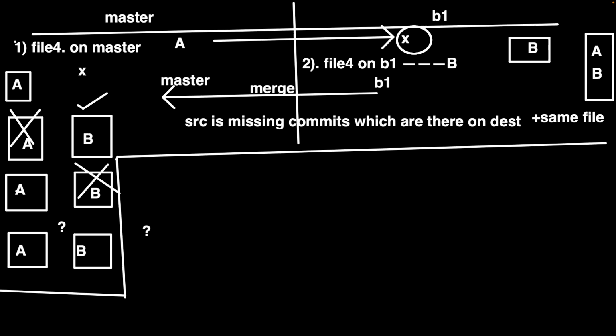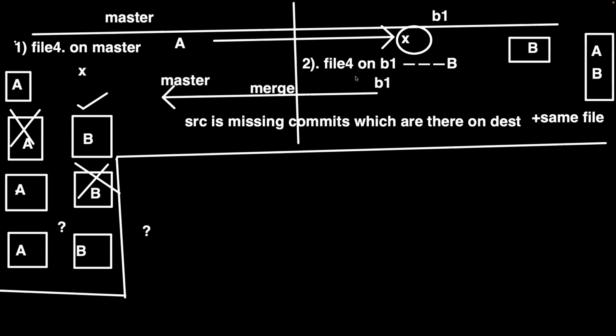You mean if B1 is missing some commits which are there in the master, while merging? Yes, on that same file. The file name is the first reason. The second reason is that this should also be there. If it is simply the file name, you will not get a conflict. It is the file name plus the source branch missing some commits on that file which are there on the destination.